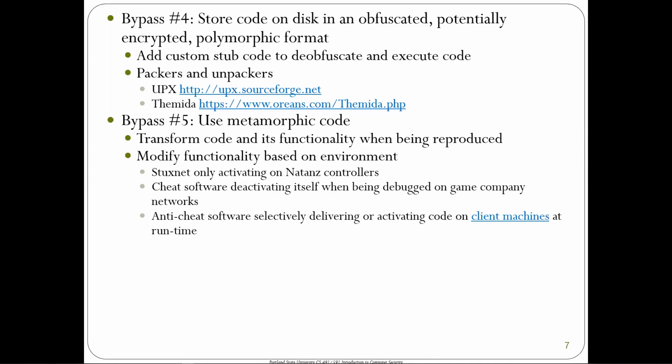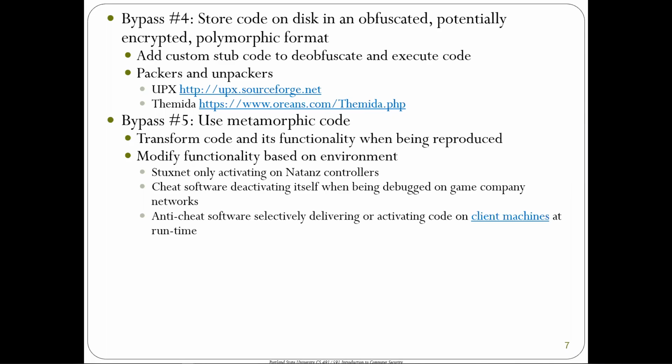And then Blizzard, the anti-cheat software vendors, are doing the exact same things to the cheat software, where they're like, I'm only going to run certain checks on certain machines so that the adversary never sees the full complement of my anti-cheat techniques in one place. And so this is using metamorphism in order to do this kind of activity.